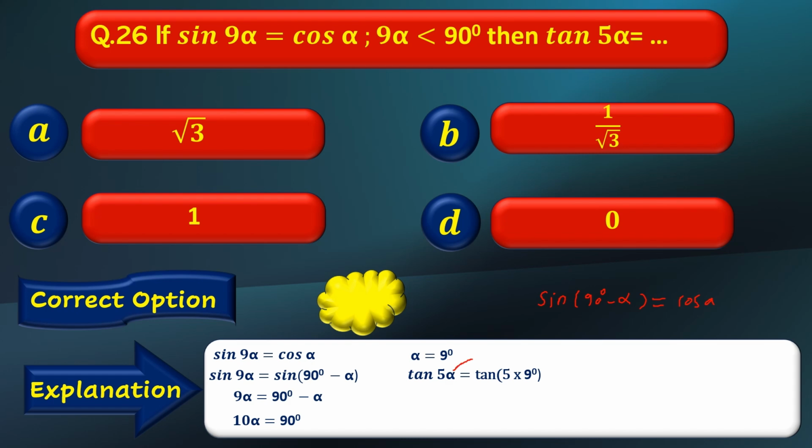We have replaced alpha by 9 degrees, and it gives tangent 45 degrees, and the value of tangent 45 degrees is 1. Therefore, the correct option is option C.